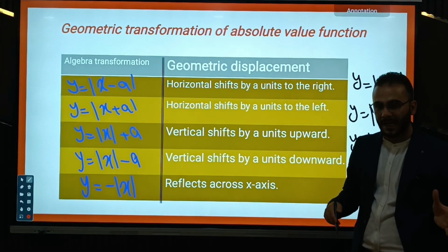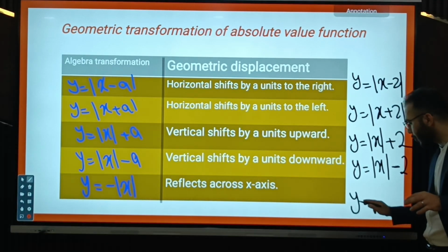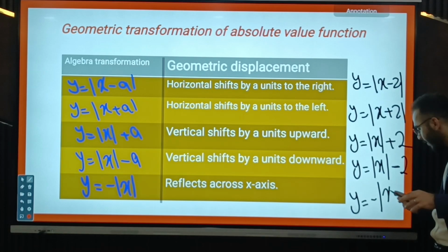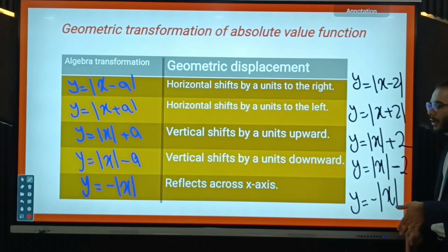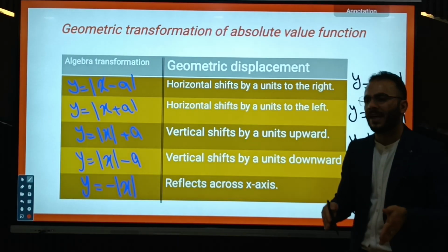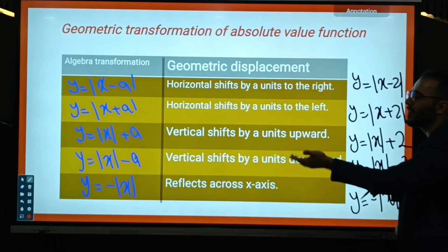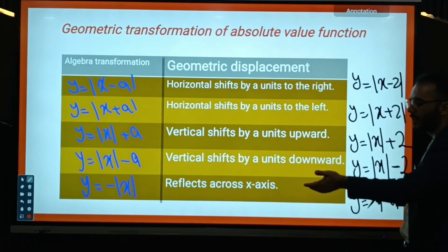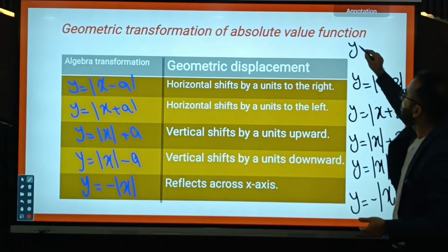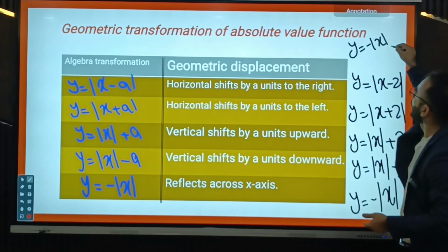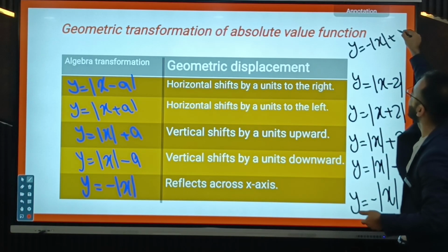In case we have y equals negative absolute value of x, if there was a negative behind the absolute value, you are going to reflect it across the x-axis, just like the previous example. Go back to the previous example. It was y equals negative absolute value of x plus 2.